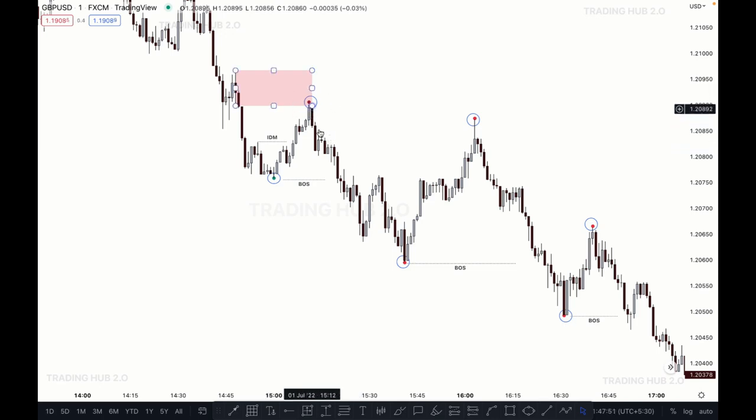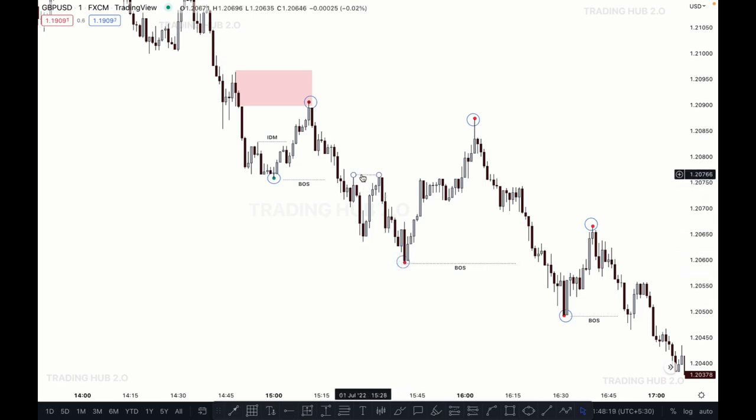The same thing happened here: the market broke the structure and pushed downside, and after breaking this structure, our recent high is here, and now you can see the market did not break this high. So where is our inducement? In this case, the market did not break this structure, and then the market created a new low here.